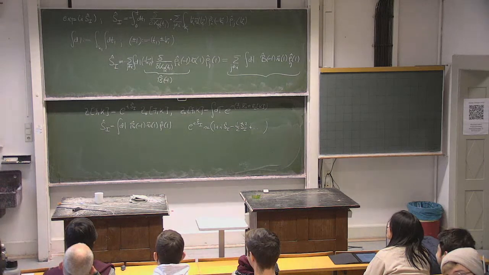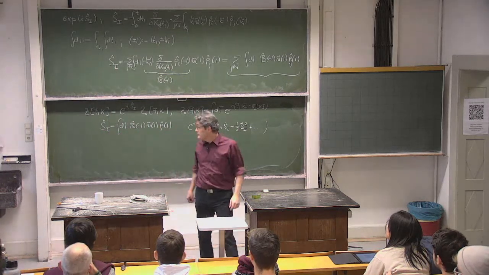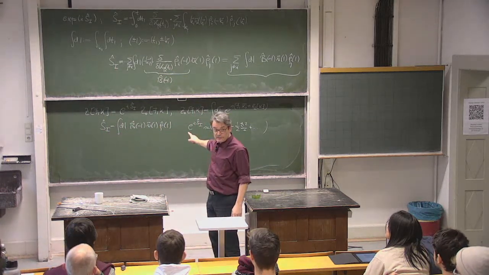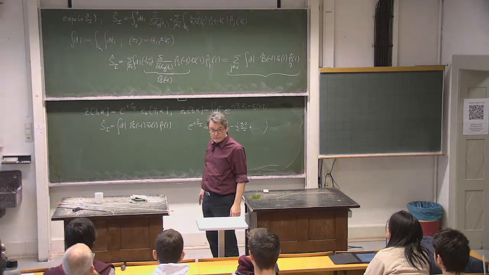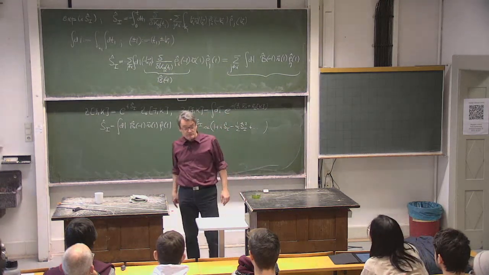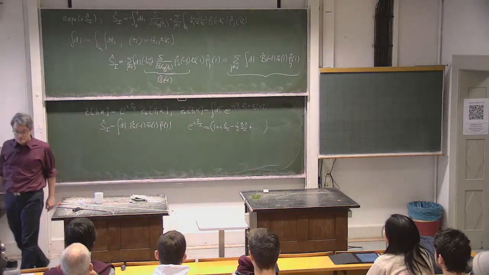I have no idea. We don't know that. We just know that if you go to large wave numbers, second order is smaller than first order, third order is smaller than second order, and so forth. We do not know whether this is an asymptotic convergence or a strict convergence or anything like that.